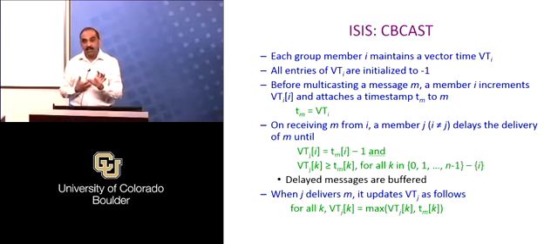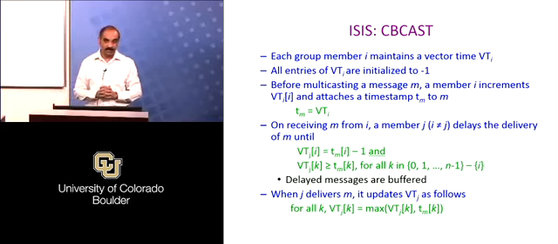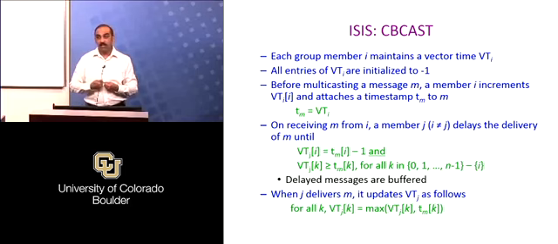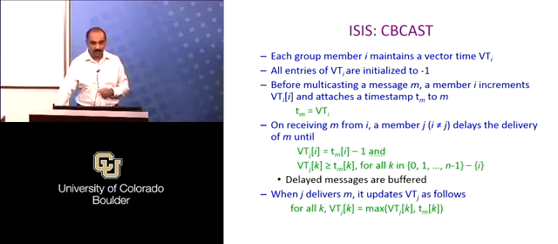What I want to make sure is that I have seen every message that I sent before this message was sent. So let's say you send a message to me and I receive it. Before I can deliver this message, I want to make sure that I have seen every message that you have sent before this message. That's what this first condition is doing.